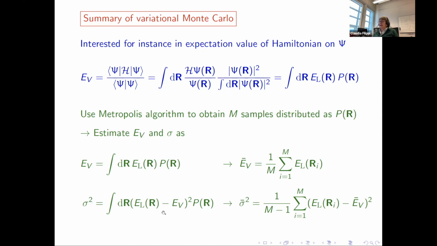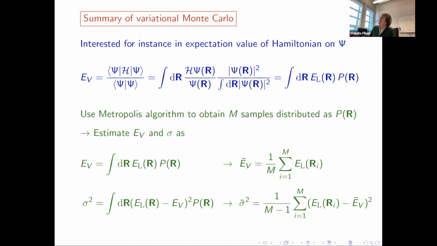They're both integrals, and you just sample these points and sum the local quantity, either the local energy or the local energy minus the average energy squared, and you have an estimate of E_V and sigma. Okay, here there shouldn't be any -1. Sorry about that. I will correct it.